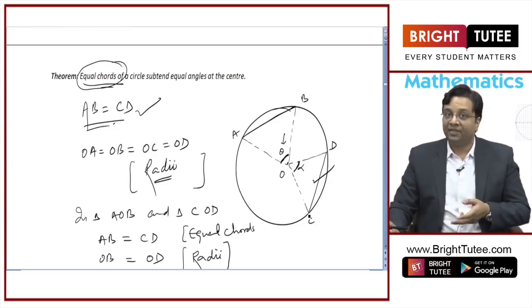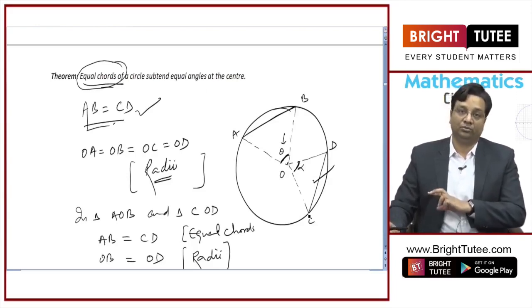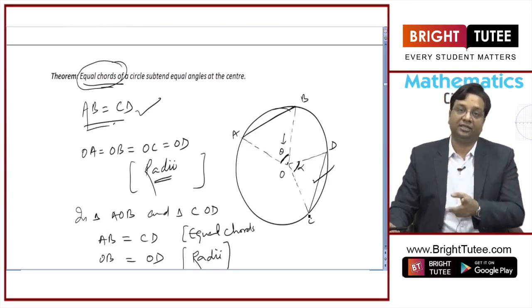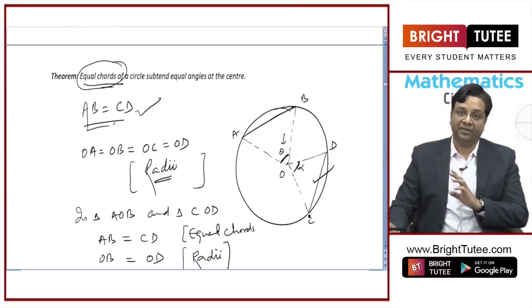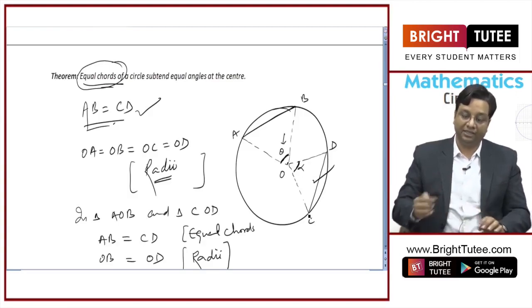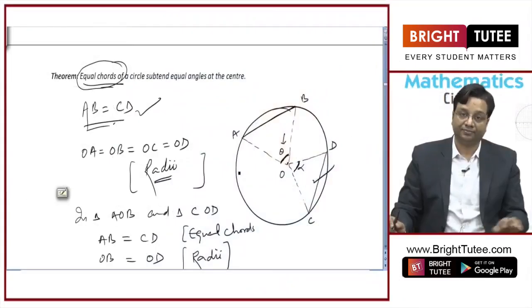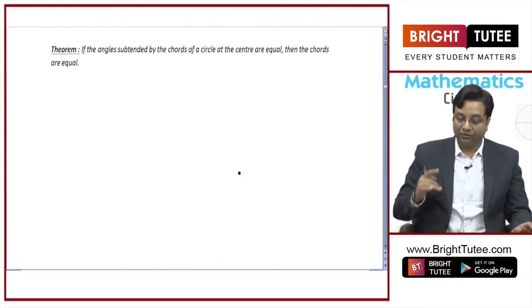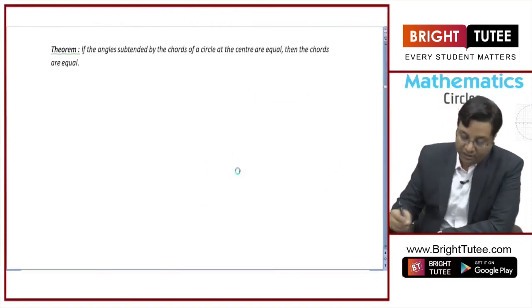Now we will see if the vice versa is also true. Let us say there are two chords in a circle and they subtend equal angles at the center, and we need to see whether the chords are equal or not. So the next theorem is: if the angles subtended by the chords of a circle at the center are equal, then the chords are equal.